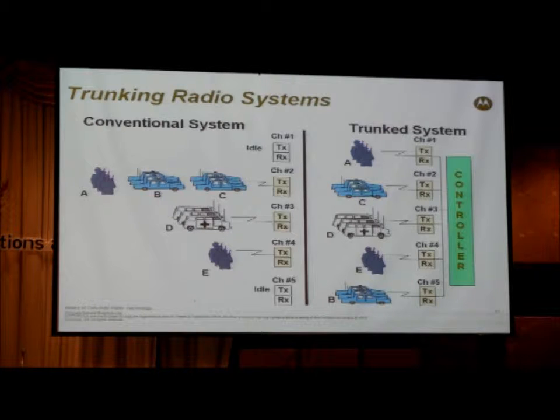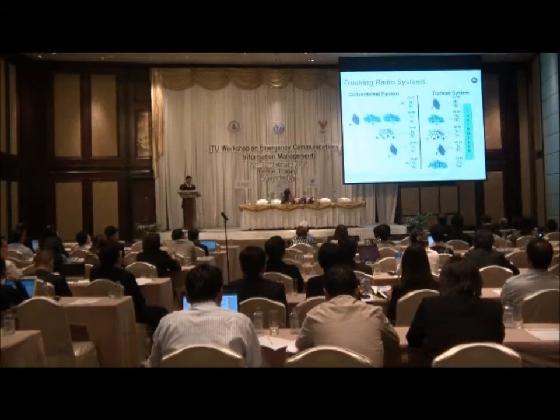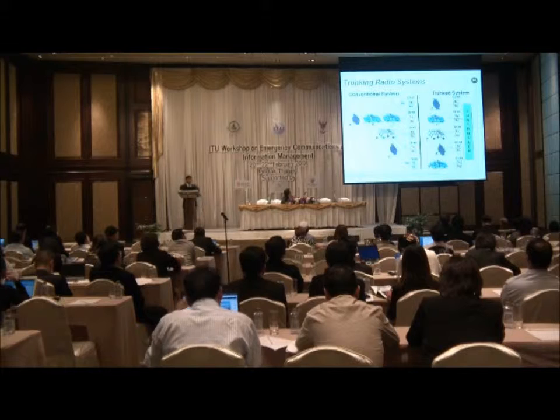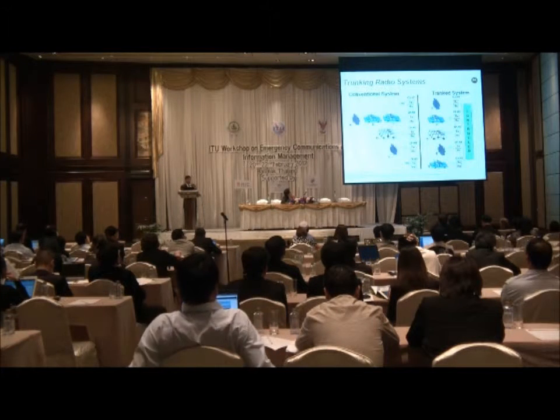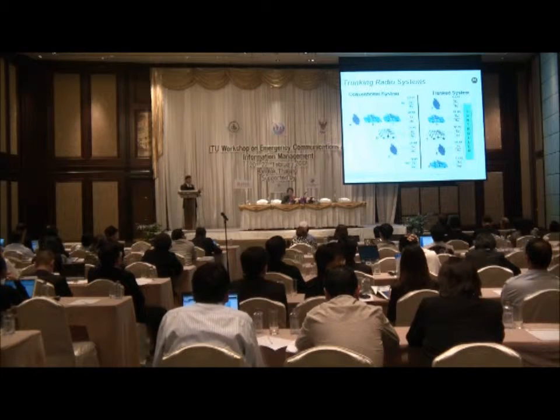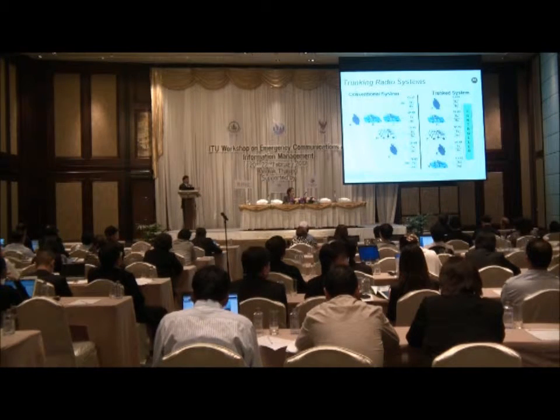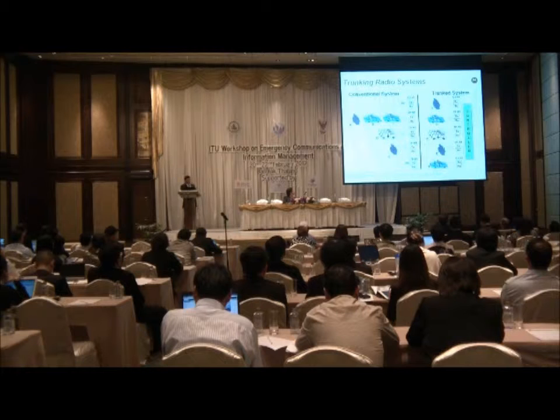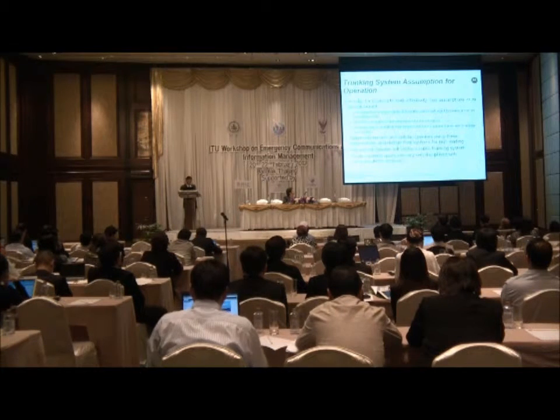That way you can reduce the number of frequencies needed for managing the radio resources. So trunked radios have become very common. Today most of the police and emergency services have shifted from the conventional two-way radio system to the trunked two-way radio system because of the limitation of the number of frequencies that are available.